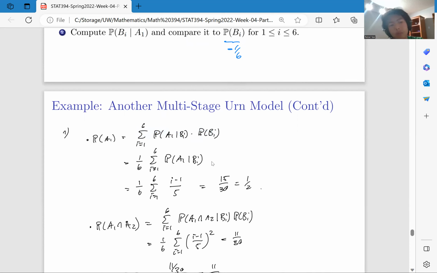Because we roll a fair die to determine which urn we are choosing from, it is 1/6 times this. And remember, the ith urn always has i-1 red balls inside it. So we can use this to calculate the sum from i equals 1 to 6 of (i-1)/5, and this is equal to 1/2.